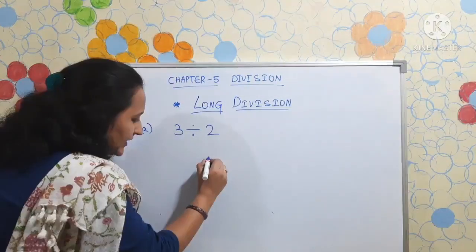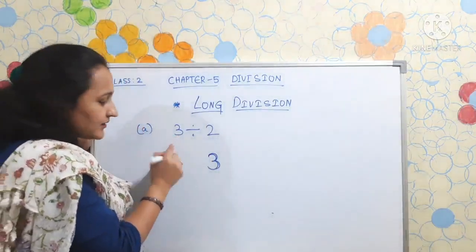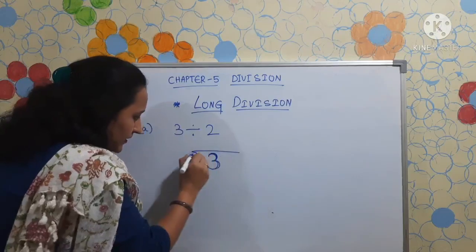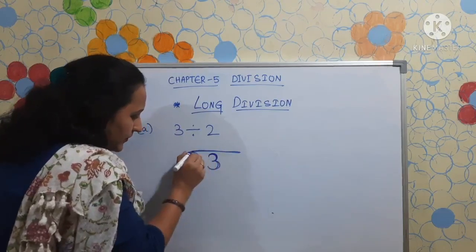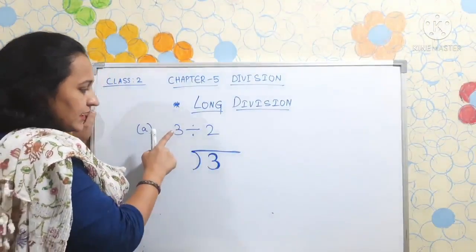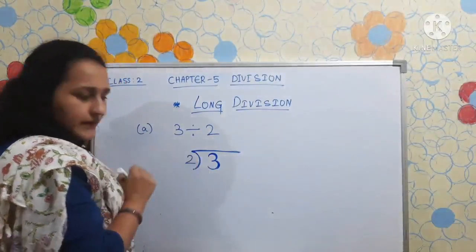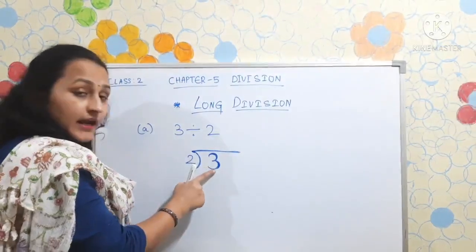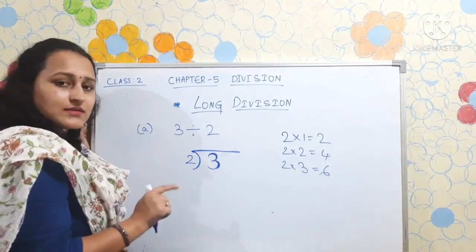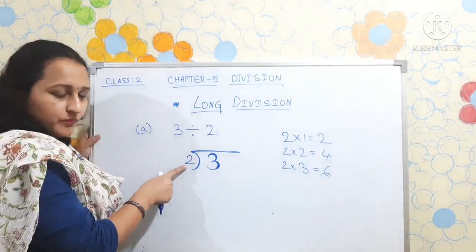For long division, first we write the 3 here, and this 2 we write here. Right? 3 divided by 2.